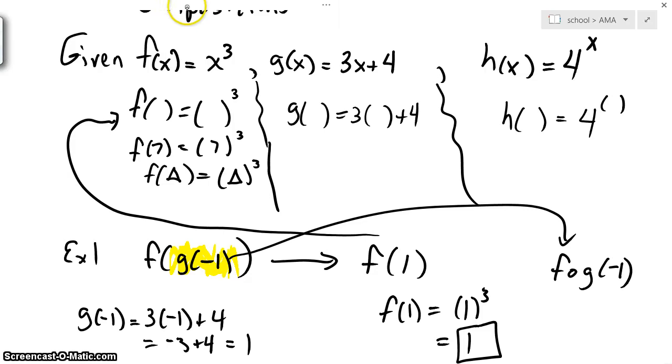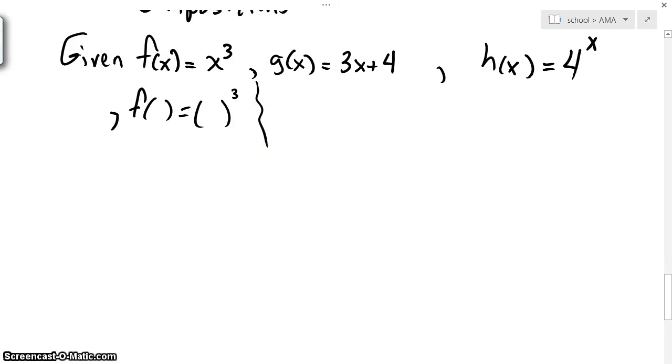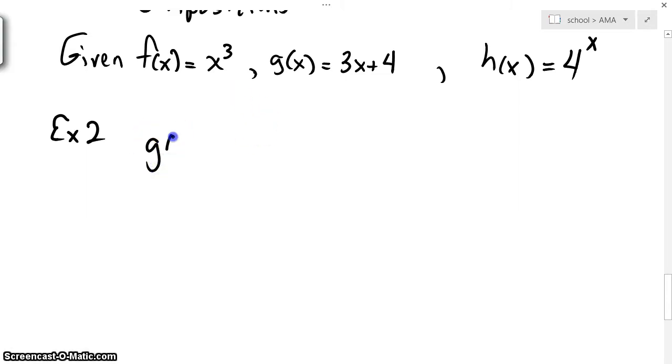Let's take a look at a couple more problems together, say, example number 2. What if we wanted to find g of f of x? Now notice the difference. If we were asked to find g of f of x, you're going to notice that the inside part does not have a particular number that is being substituted into f.